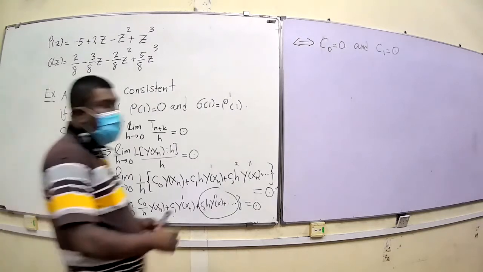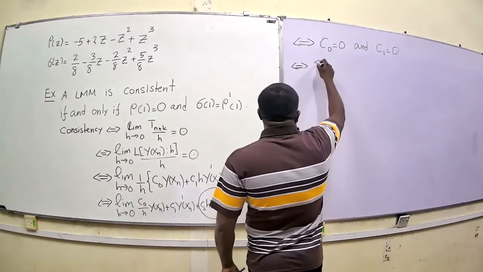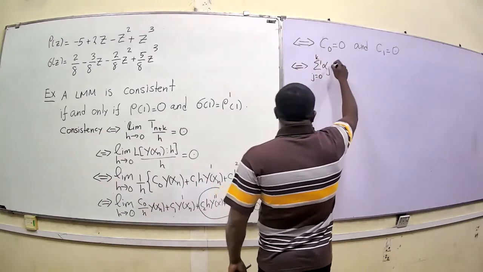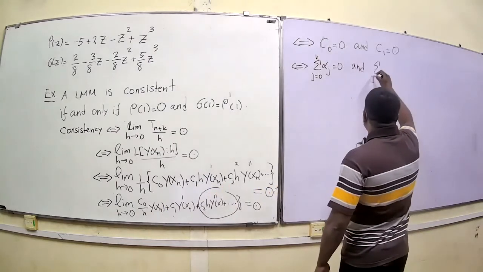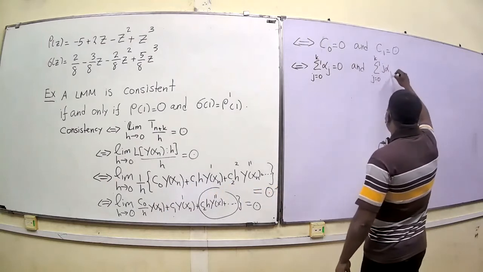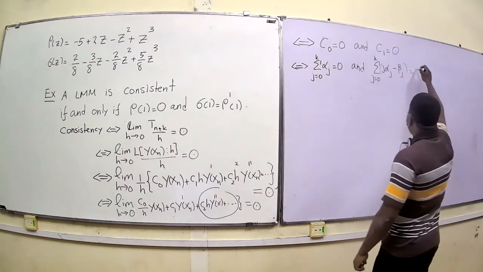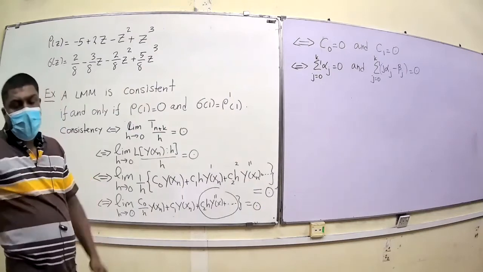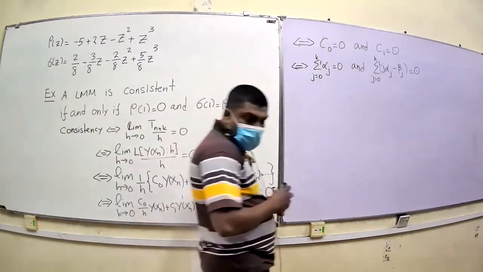But you can write the formula for C0 and C1. You remember C0 is the summation of j equal to 0 to k of alpha j equal to 0, and this is the summation of j equal to 0 to k of j times alpha j minus beta j equal to 0. Because you know the formulas, you can substitute them.